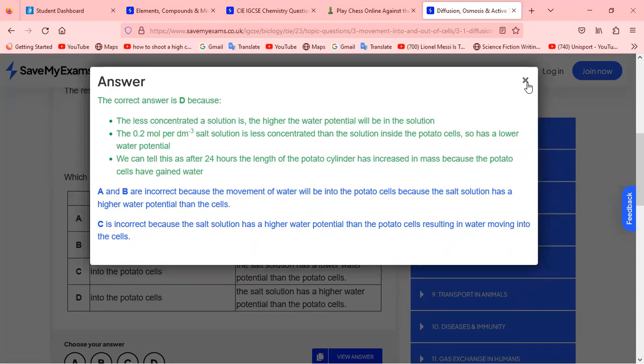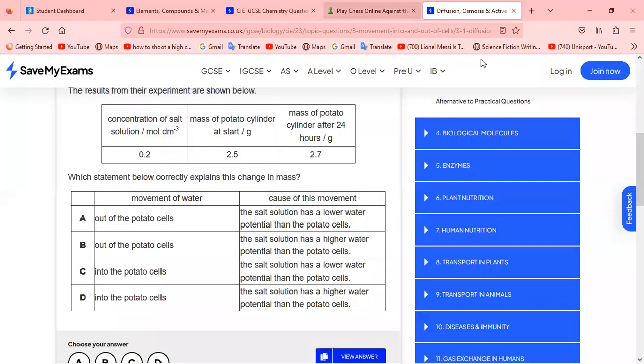Oh yes, okay, wait. Makes sense. The salt solution has a higher water potential. So from high to low, which is the potato cells. Yes. So it's D.